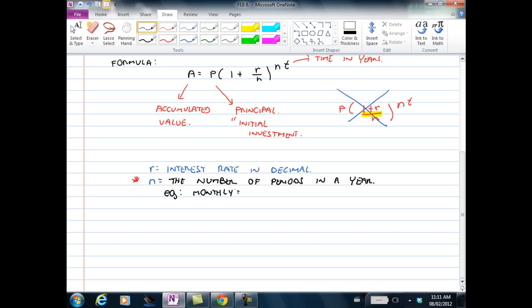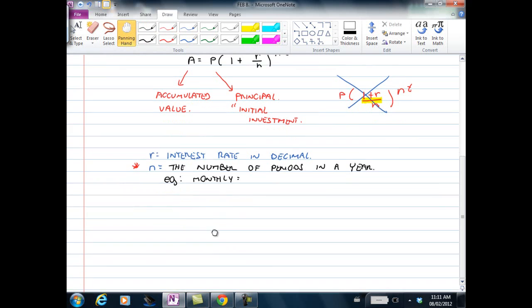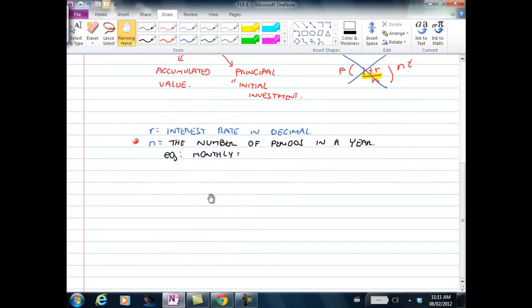That's what it means by number of periods. If I say monthly, Abraham, how many months are in a year? 12. So your N value equals 12. If I say weekly, if the question has the word weekly, what is your N value going to be? Not 7. 52, because there are 52 weeks in a year. That's what N stands for.